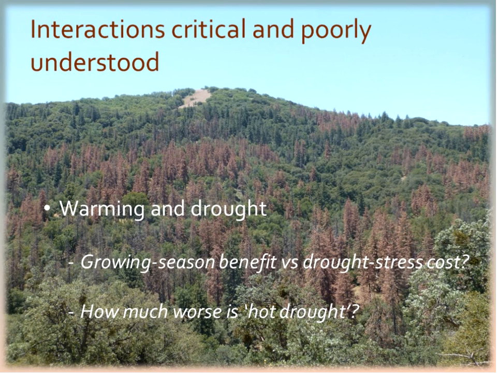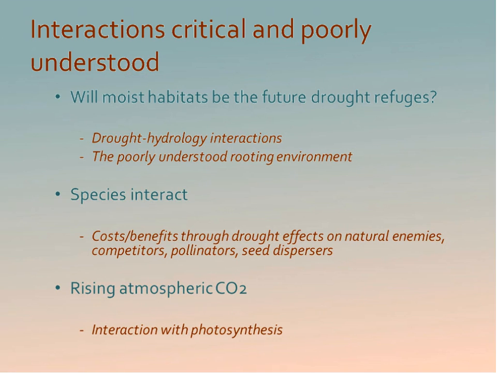And it becomes more complicated when we try to talk about effects on stands, because of course if you have a detrimental effect on individuals of one species, what's that effect on its competitors? So the warming-moisture interaction is a tough one that makes it hard to anticipate the future.